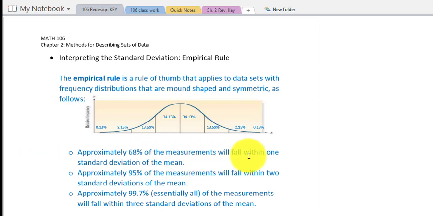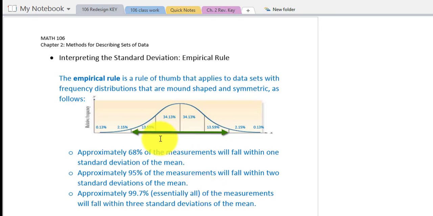So to fall within, that means you are considering to the left of the mean as well as to the right of the mean. So 34 and 34, that is about 68% of the data falls within 1 standard deviation, according to the empirical rule. So if we expand this to 2 standard deviations, approximately 95% of the measurements will fall within 2 standard deviations of the mean.